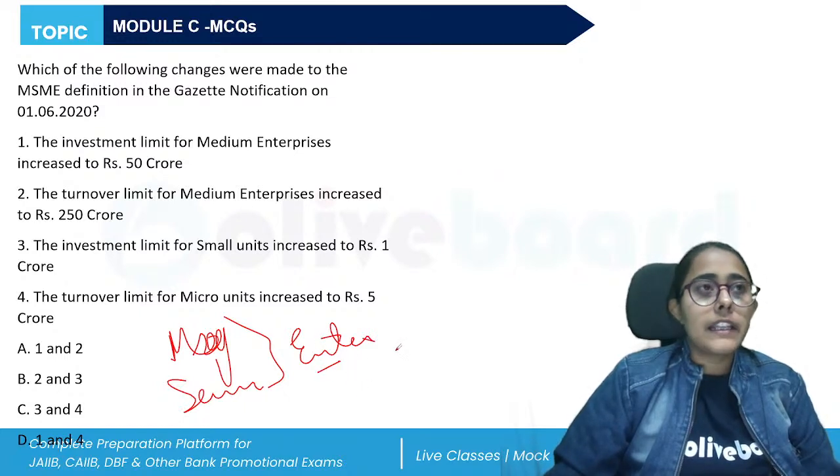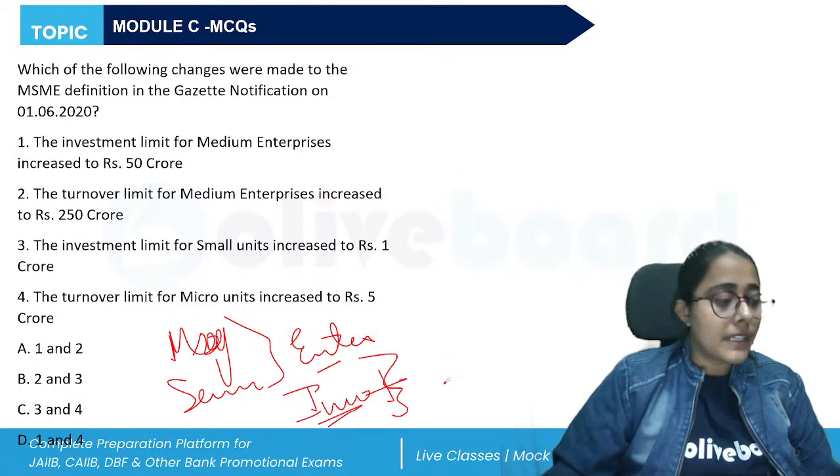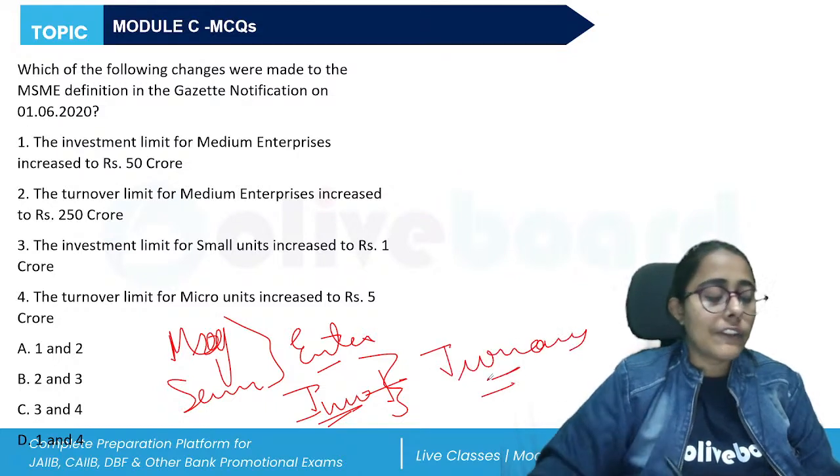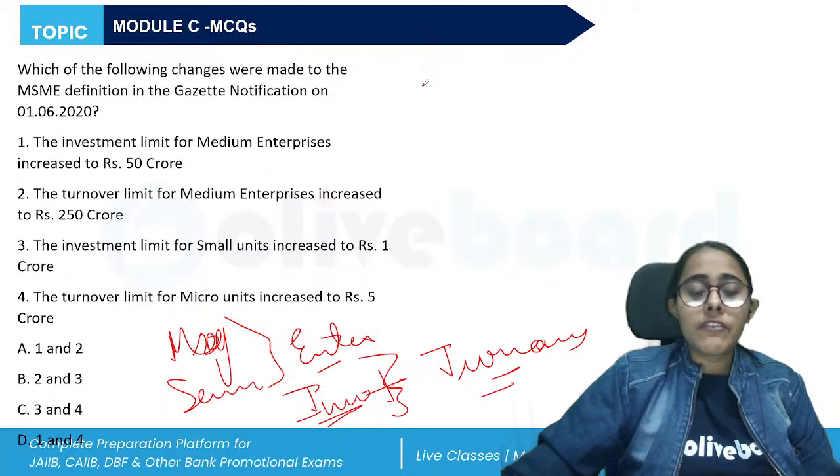Earlier only one criterion was used, the investment in plant and machinery. Now, along with the investment in plant and machinery, a turnover criterion is also used starting from 2020, and all the investment limits have been increased.